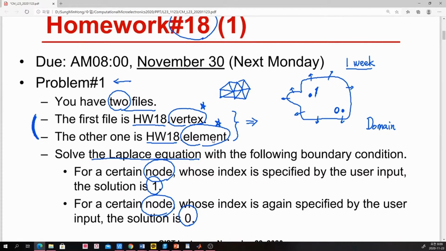Please let me know if all of you understand the goal of homework number 18. So now you have general files to describe a domain; take the information and solve the Laplace equation. For boundary nodes, apply the homogeneous Neumann boundary condition, and pick 2 nodes and select 1 and 0 for those 2 nodes.